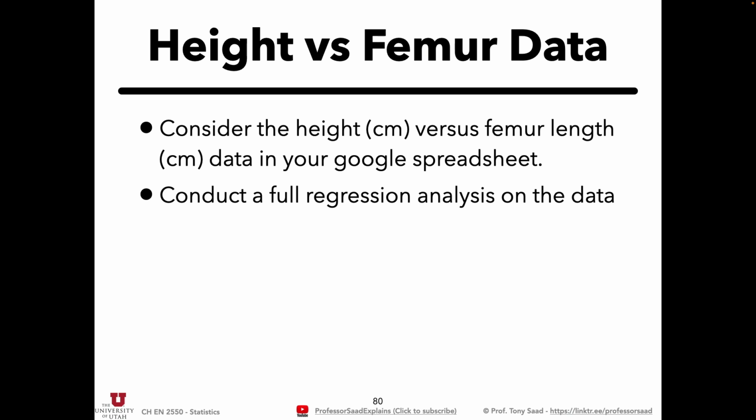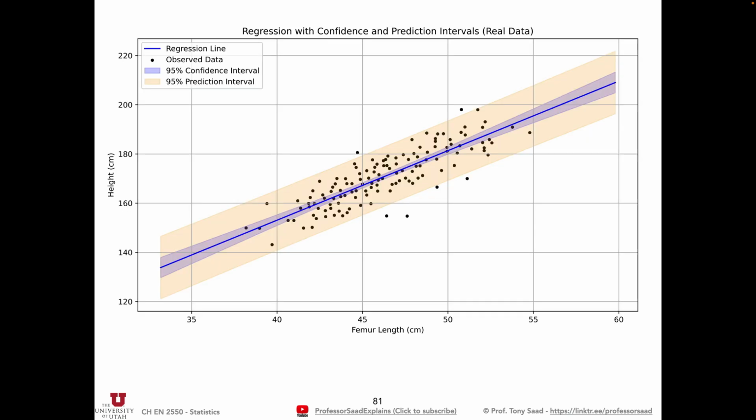I have a lot more data over here. Forget about the yellow and the blue bands for a second. If you look at the cluster of data, on the y-axis a person's height in centimeters and femur length also in centimeters, there's a strong relation: the longer your femur length, the taller you are in general.